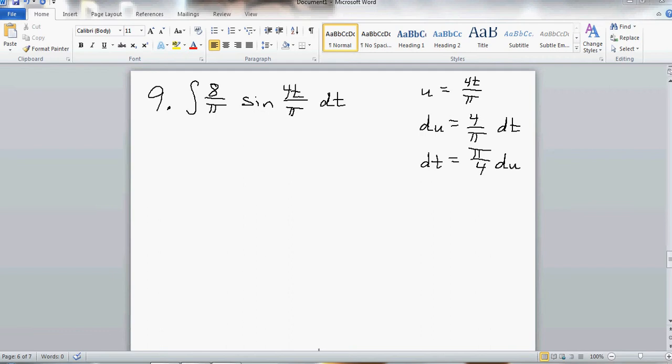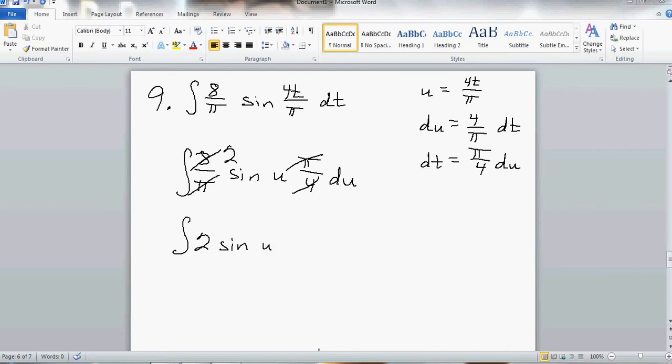So rewriting this, we get the integral of 8 over pi times the sine of u, and dt is going to be pi over 4 du. Now let's see, the pi's go, this will simplify to a 2, so it becomes 2 sine of u du.